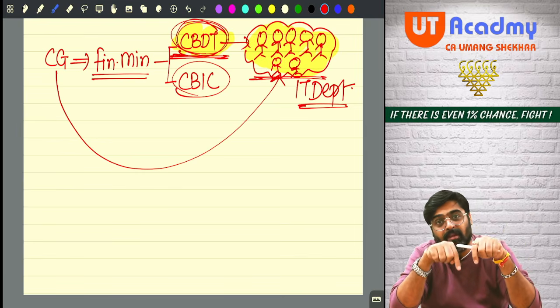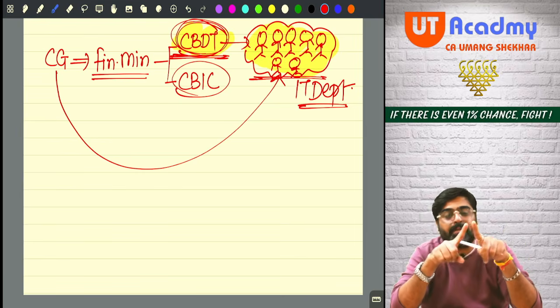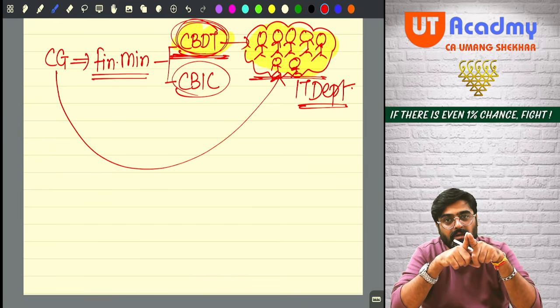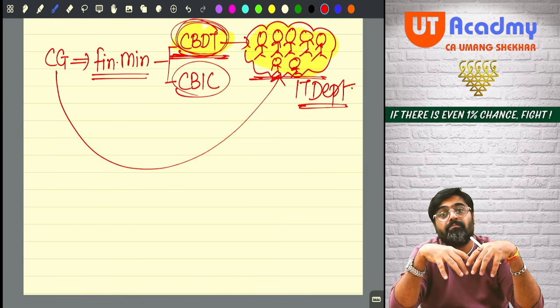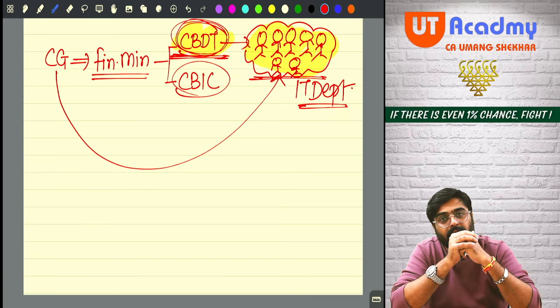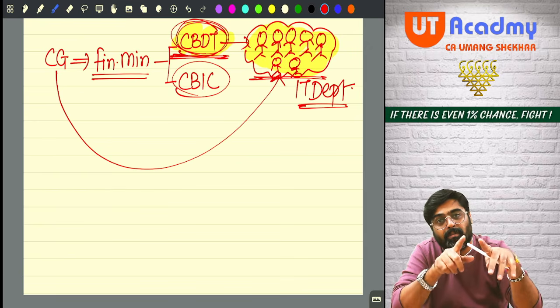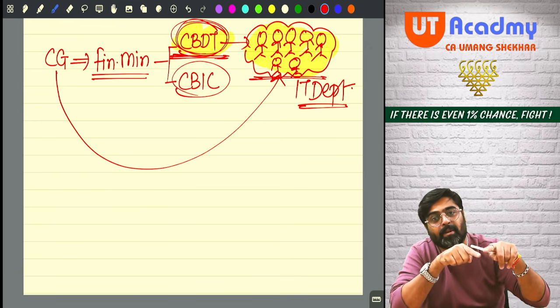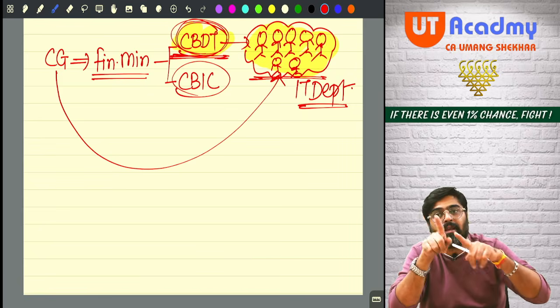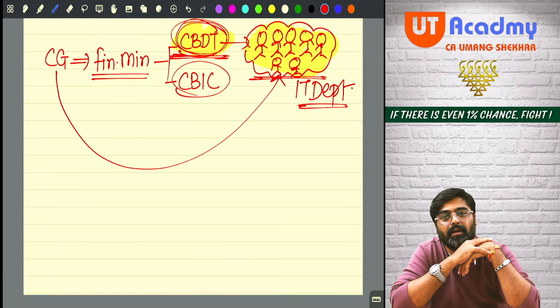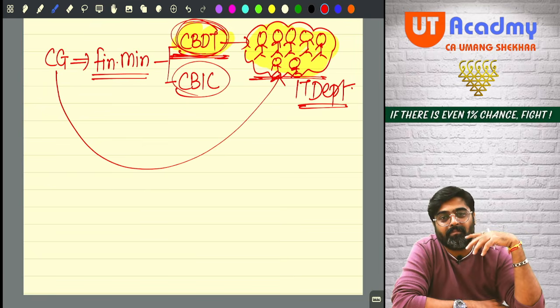Now under the CBDT, one Income Tax Department is formed, having many employees of the central government. This Income Tax Department and its employees will be directly reporting to the CBDT on how they are making the people follow the law.